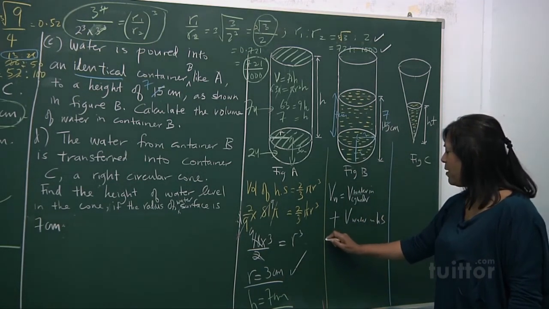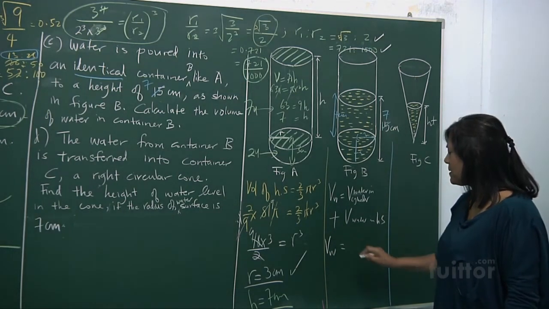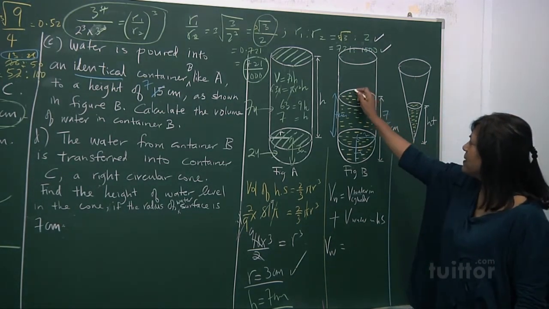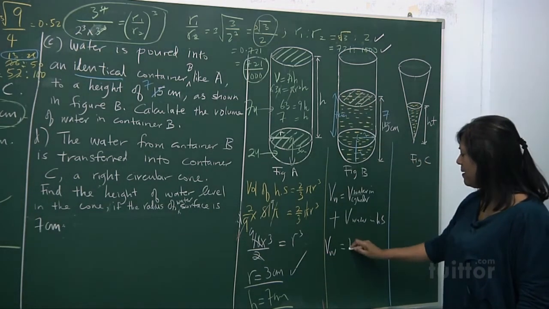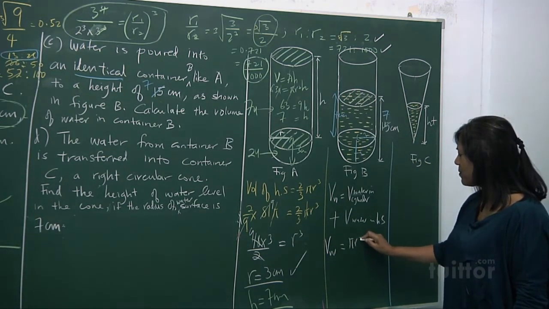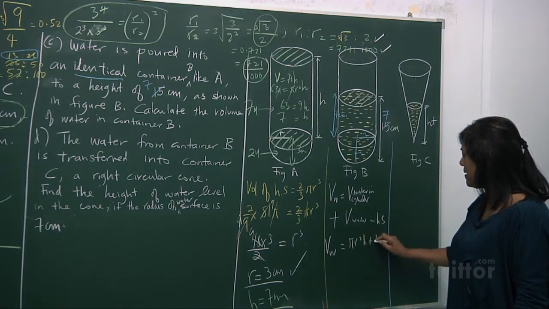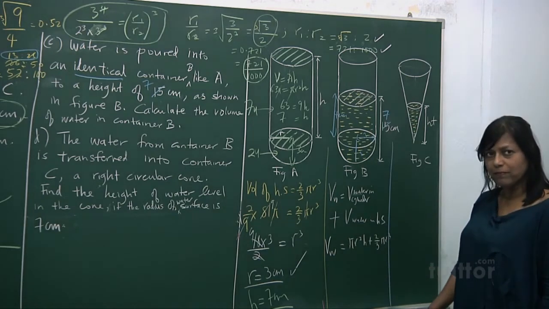So, that volume of the water, W, is that right? The volume of this cylinder is pi r squared h, and this is 2/3 pi r cube.